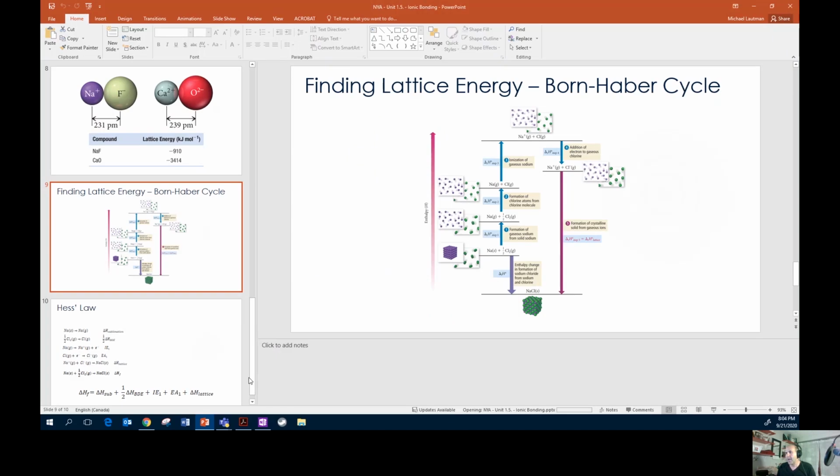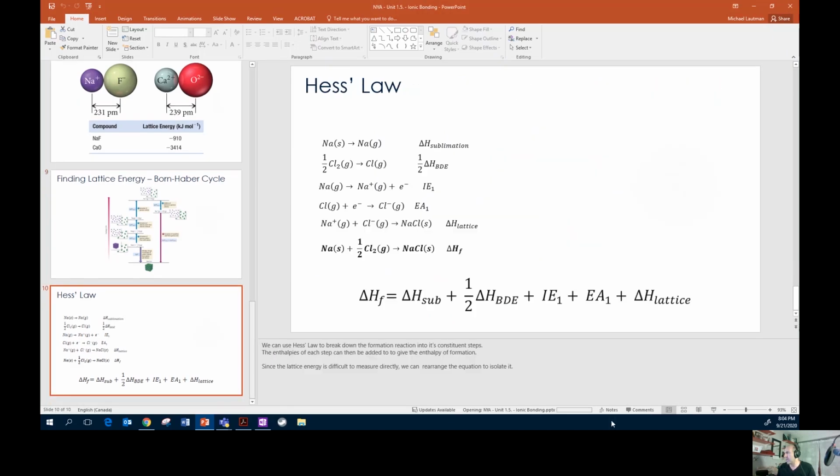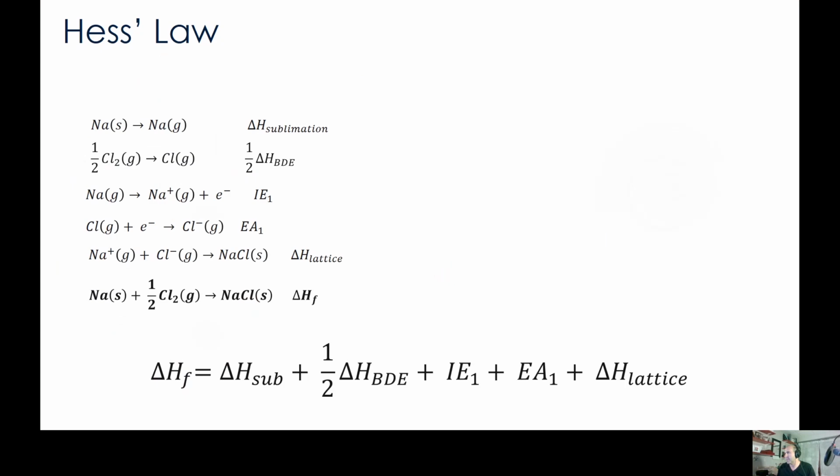So the question becomes, how do I get to gas phase? Well, let's think about this. The first thing is I'm going to start with solid sodium. I need to get it into the gas phase, and I need to get it to an ion. Going from a solid to a gas is a process known as sublimation. And guess what? Heats of sublimation or boiling or vaporization, all of these are known quantities. They've been measured.